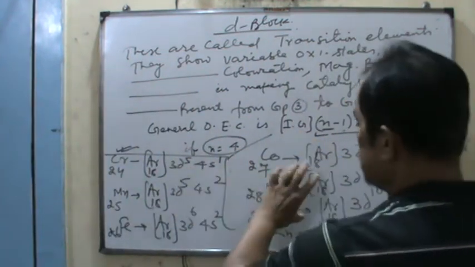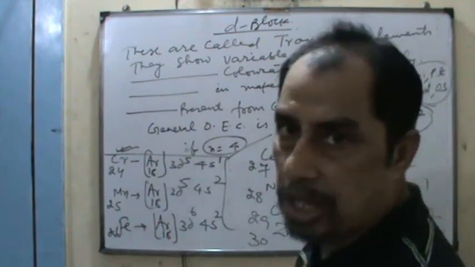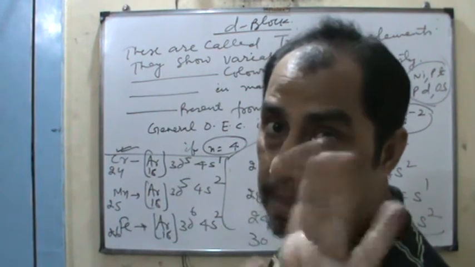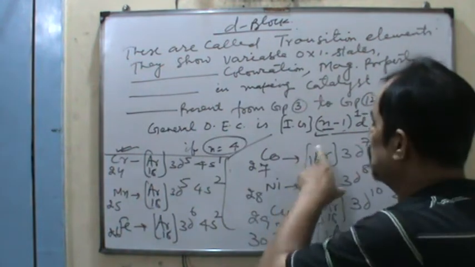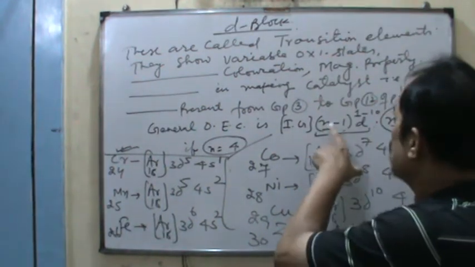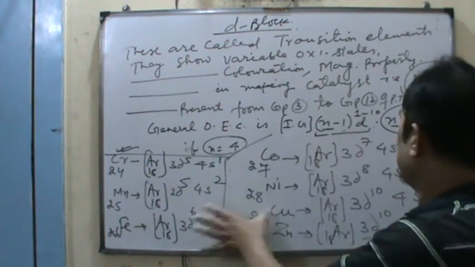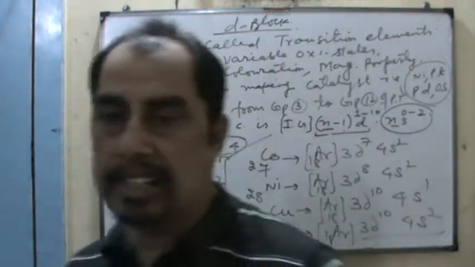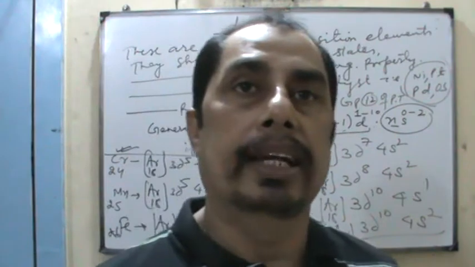All are scandium, titanium, vanadium, chromium, manganese, iron, cobalt, nickel, copper and zinc, 21 to 30, members of the fourth period. Scandium, atomic number 21, is close to the inert gas argon. 4 minus 1 is 3d, and the d capacity is 1, 2, 3, 4, 5 up to 10, ns0 to 2. If there is any exceptional case, as with chromium and copper, you write it accordingly.